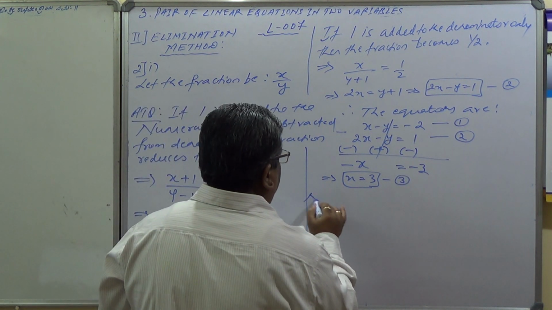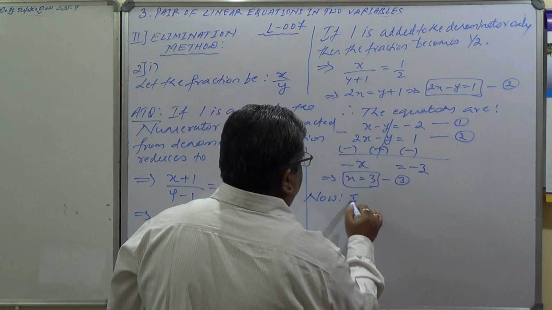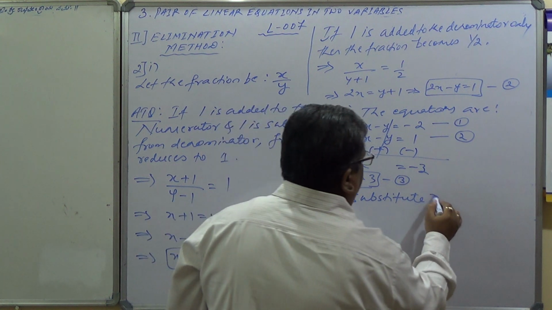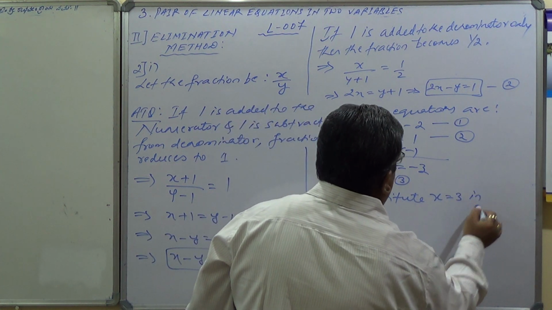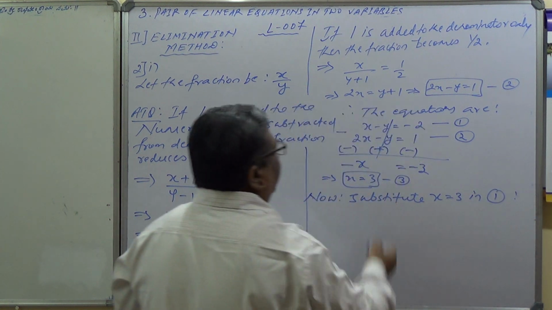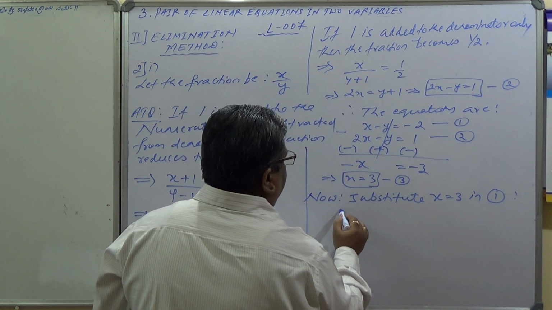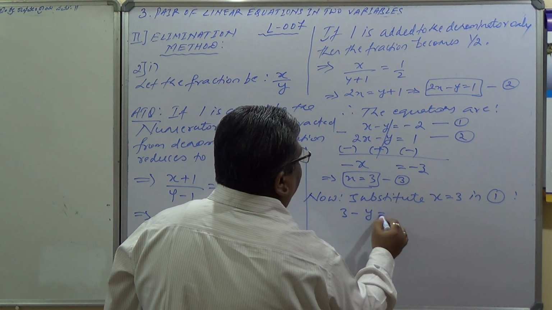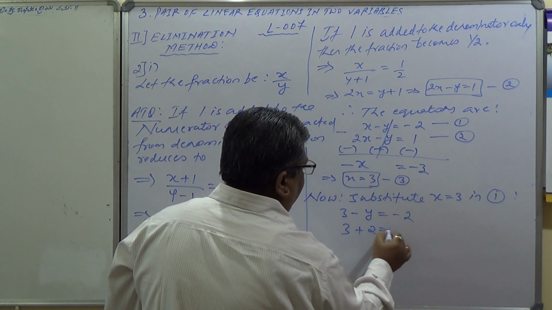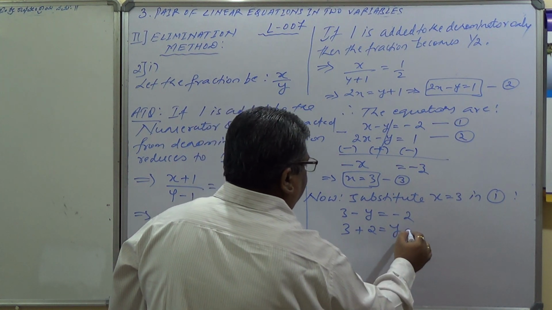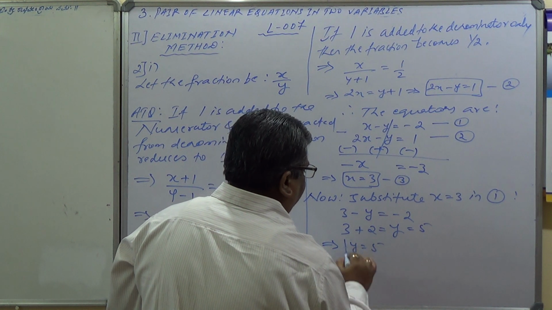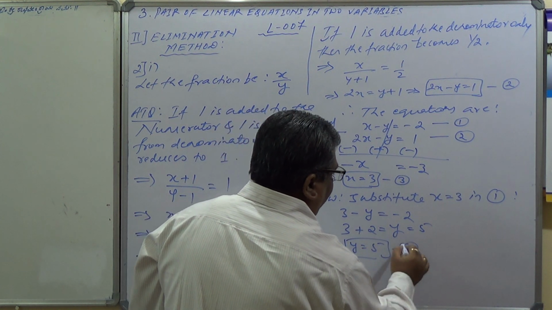Now substitute x equals 3 in equation 1. What do you get? 3 minus y equals minus 2, y take that side, 3 plus 2 equals y, which equals 5, implies y equals 5. Tag this as 4.